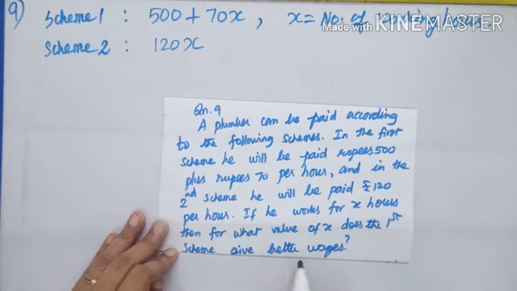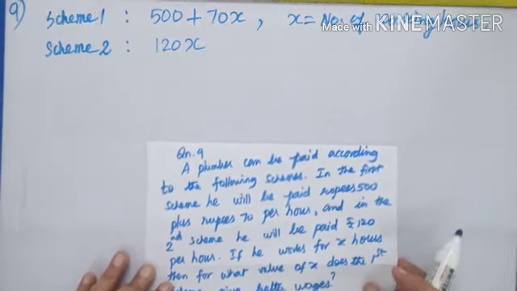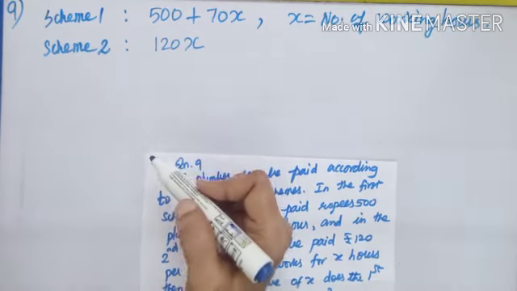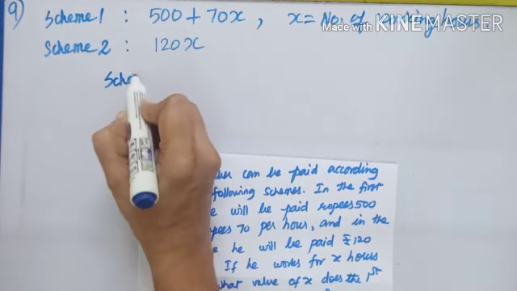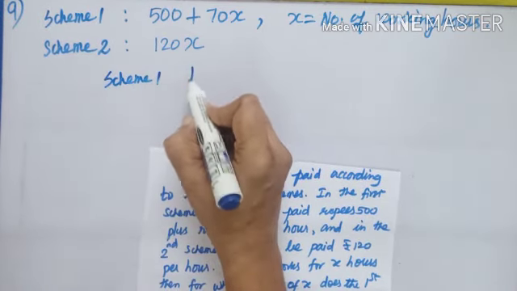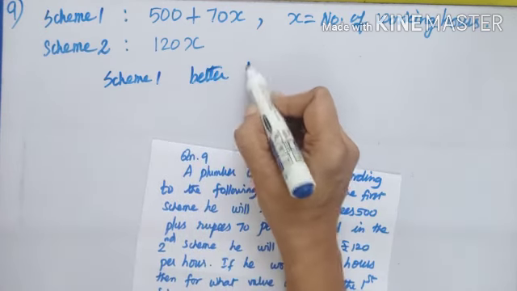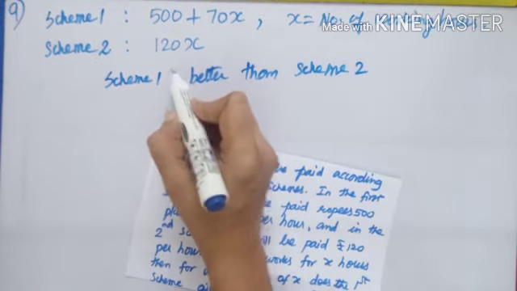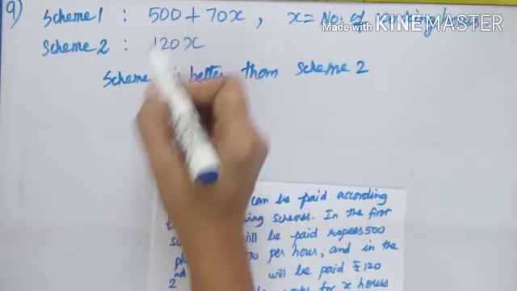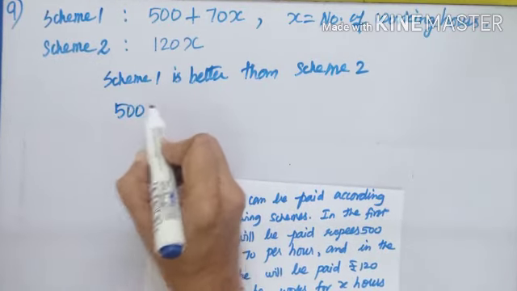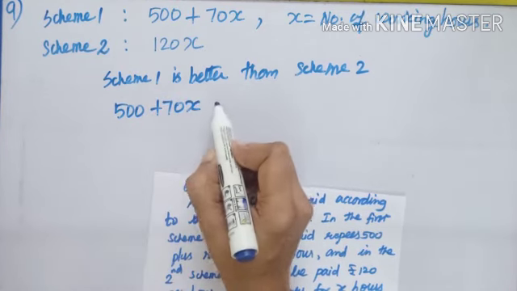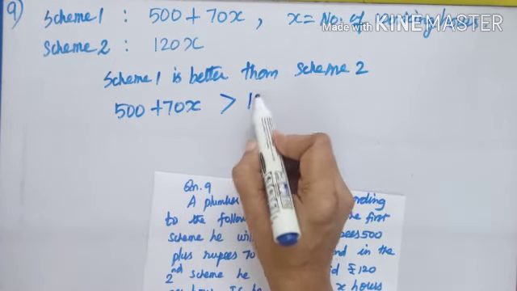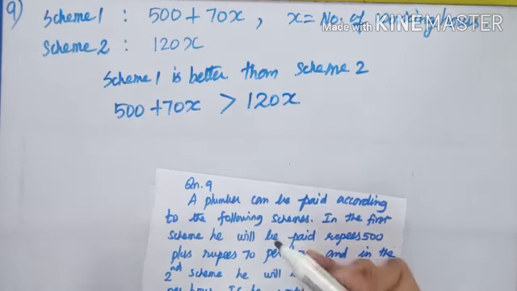So now the question is, first is better. What do you mean by better? He is paid more in first scheme. So scheme 1 is better than scheme 2 means 500 plus 70x should be more than 120x.